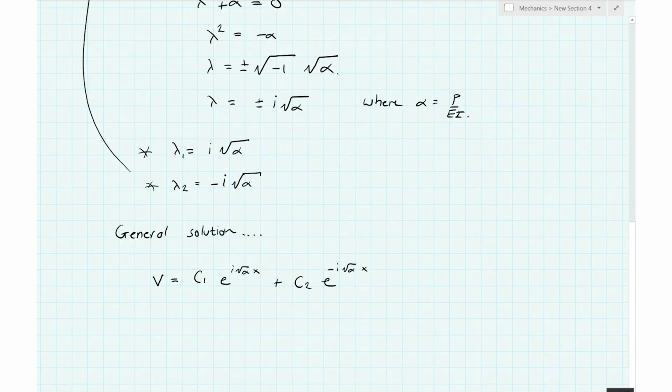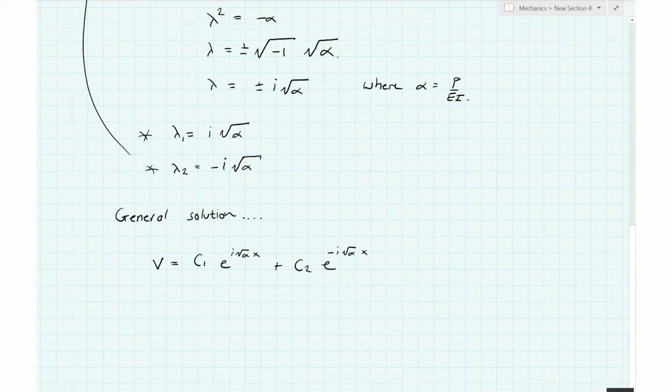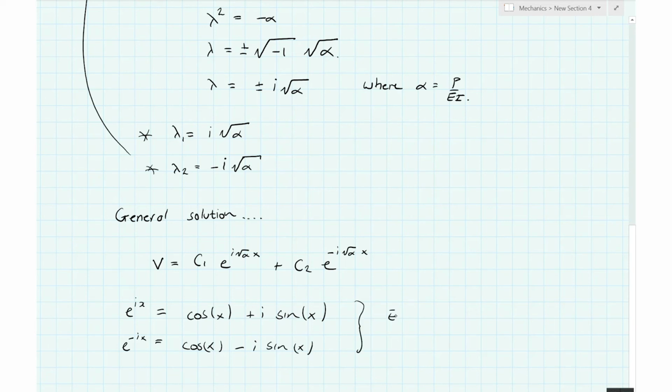So we're now going to use Euler's formula to get rid of those i terms. It's a known relationship that e to the i times x is equal to the cosine of x plus i times the sine of x, and e to the minus ix is equal to the cosine of x minus i times the sine of x. So this is from Euler's formula.